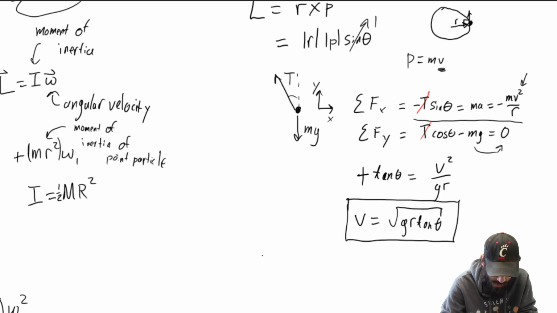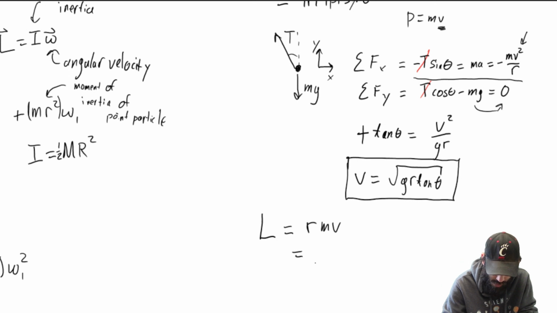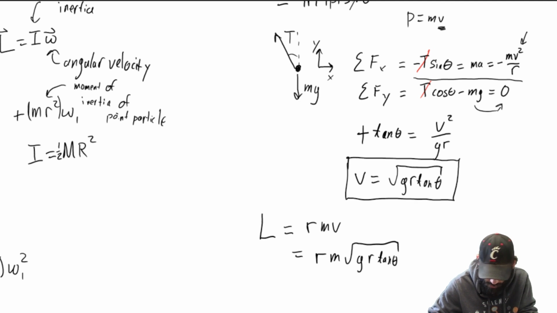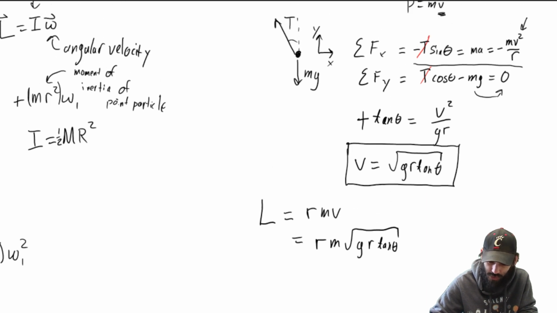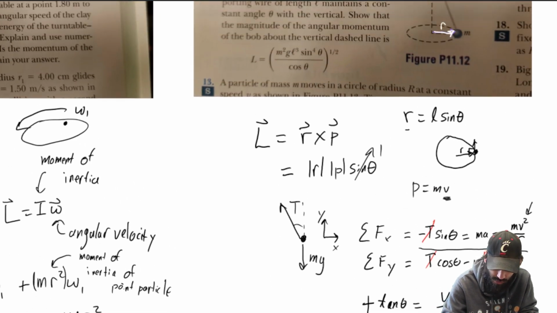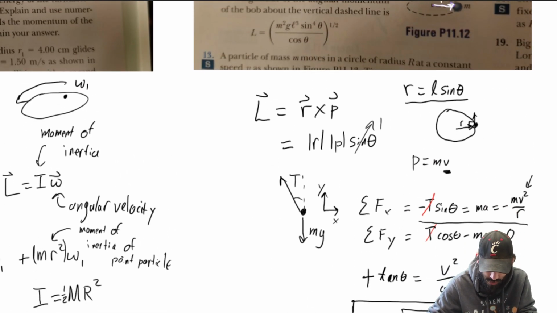So we want to calculate the angular momentum. L is going to be equal to R times P, which is going to be mv, and then this is going to be R times m times the square root of g r tangent of theta. So now what we can do is plug in what we have for this right here.